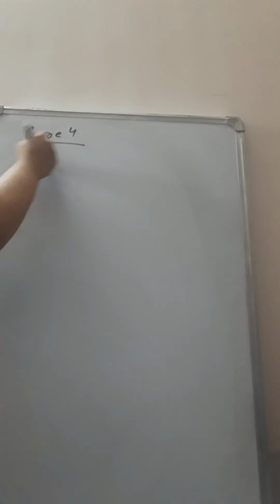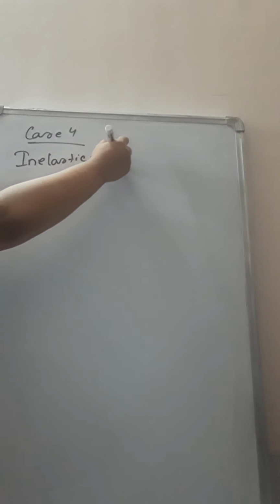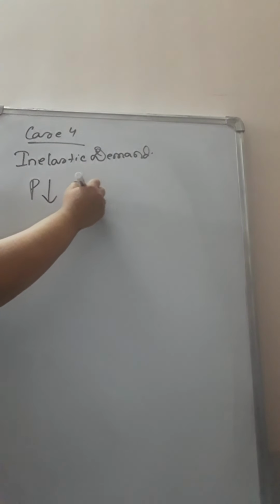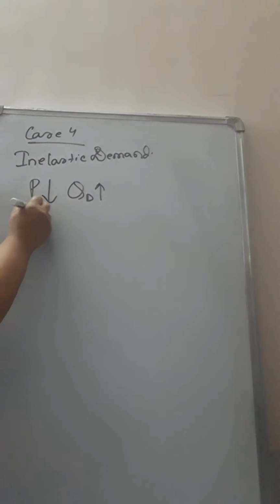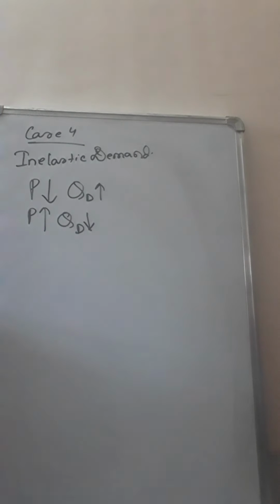Now we go to case 4, inelastic demand. From the word inelastic, it means demand is very less stretchable. So with price fall, demand increases, and with price rise, demand decreases. So the law is followed over here.